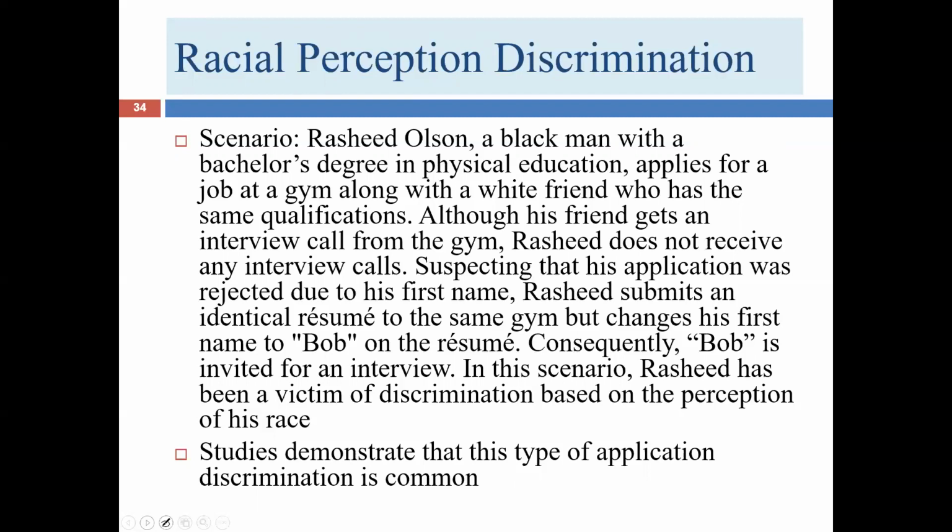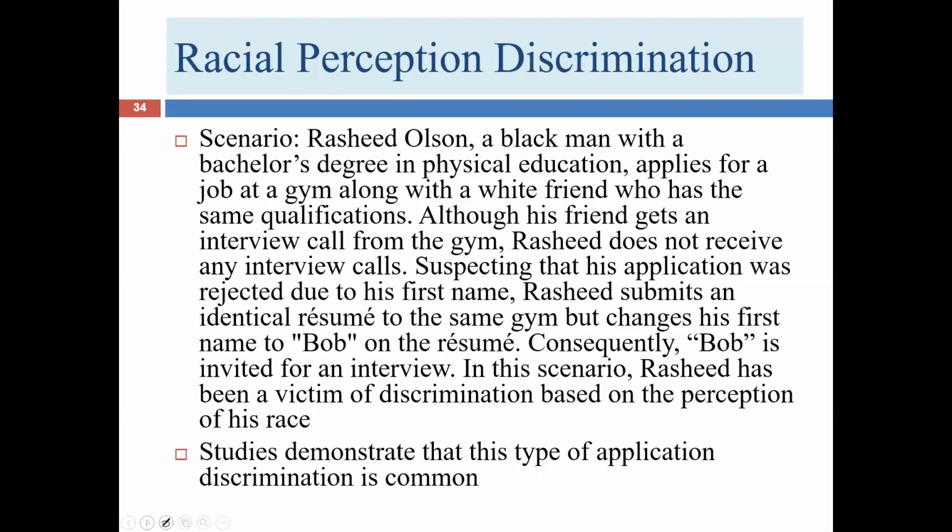So Rashid takes his resume, keeps it identical, except he removes his name and puts the name Bob. So he's now Bob Olson when he submits his resume. Well, Bob is invited to an interview. Under these facts, it's pretty clear that Rashid was the victim of race discrimination based upon the perception of his race in his job application.